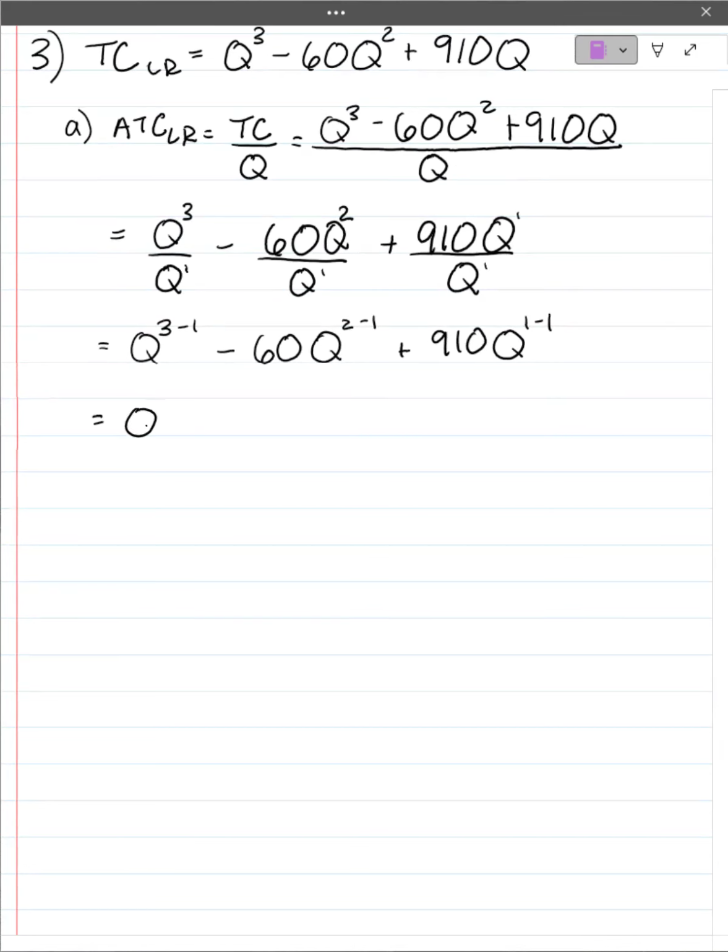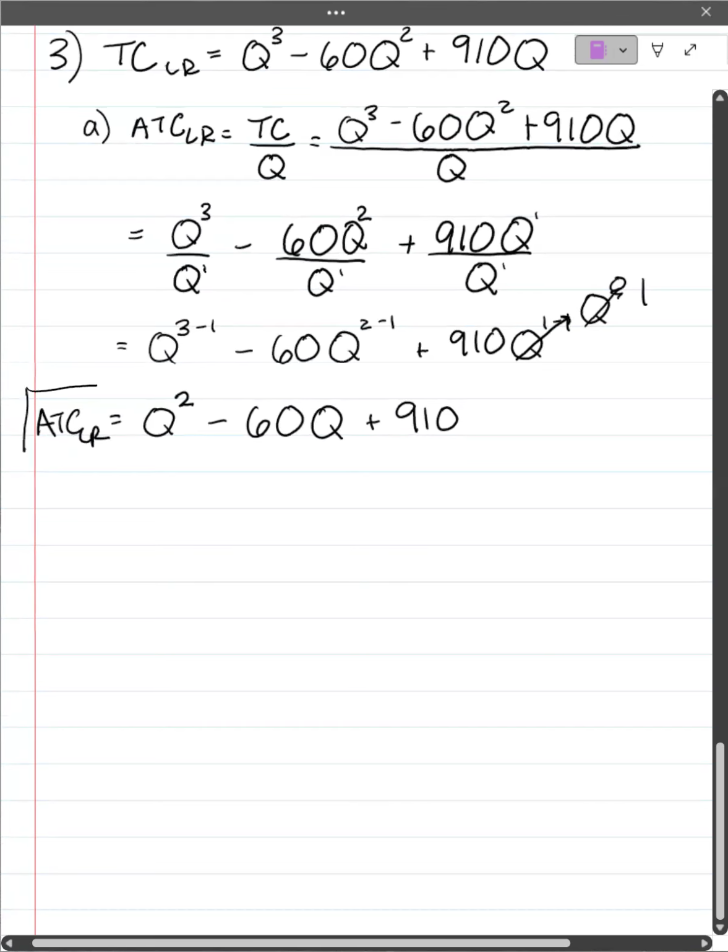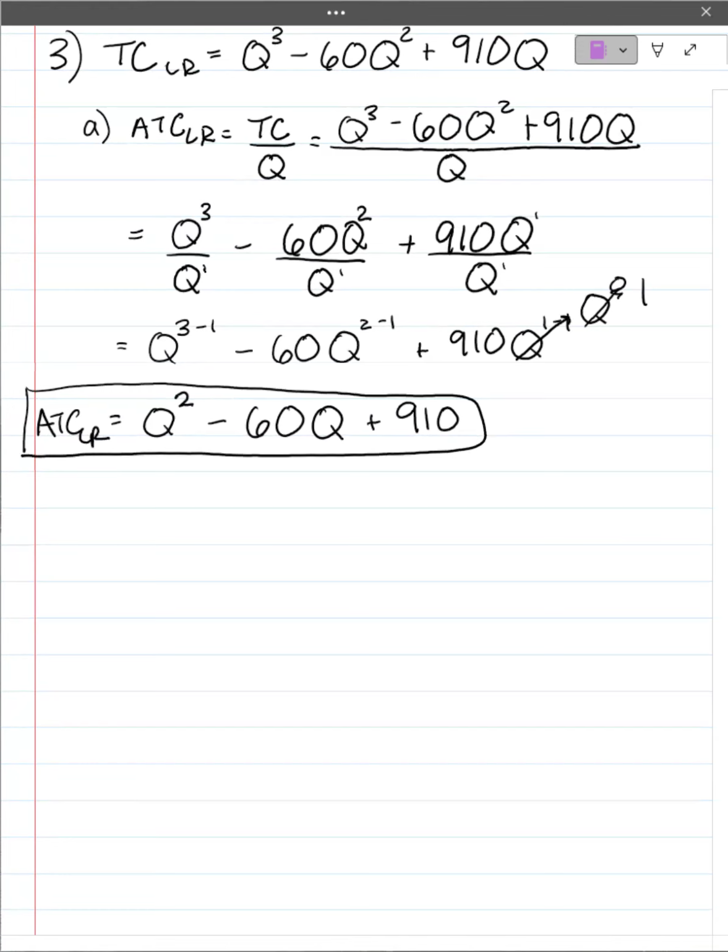So simplifying, that gets us Q squared minus 60 times Q plus 910. Note that the Q to the 1 minus 1 power becomes Q to the 0 power, which simplifies to 1. So we're left with just 910 in that final term. So our average total cost in the long run is Q squared minus 60Q plus 910.